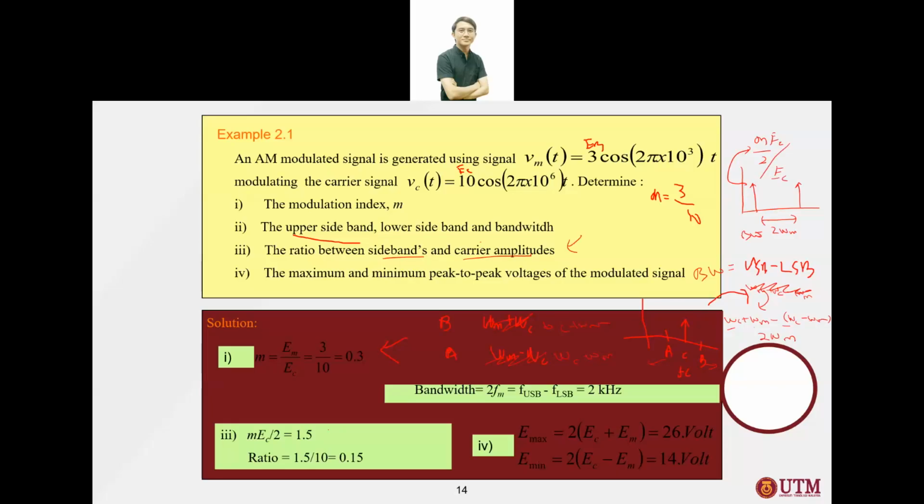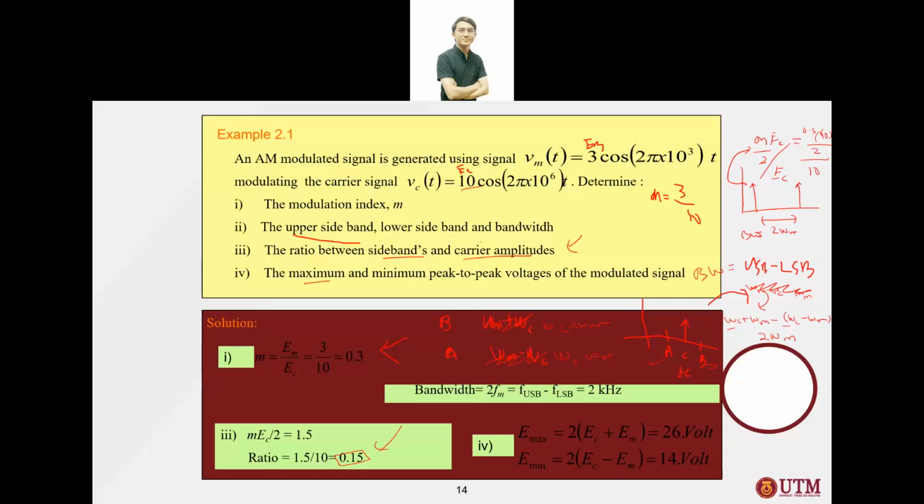Then you just put the value, because you already know M equals 0.3, and EC equals 10, then over 2 and over EC again. So you get a ratio of 0.15.